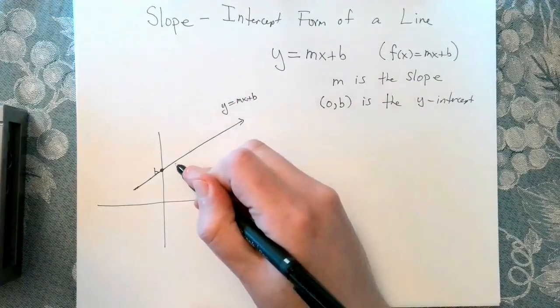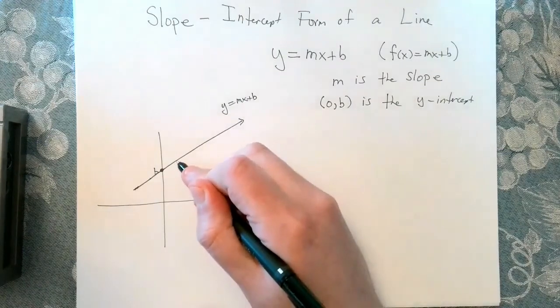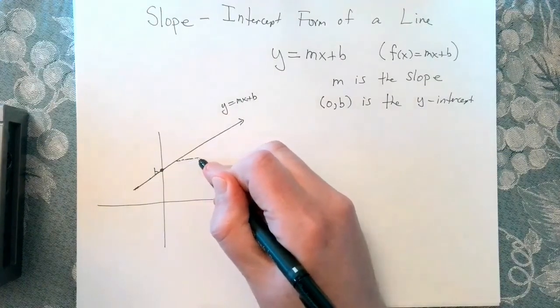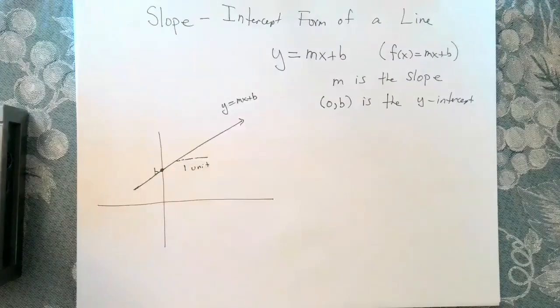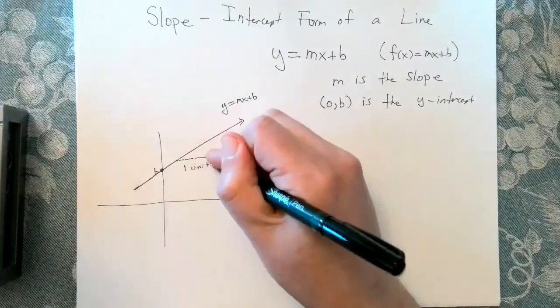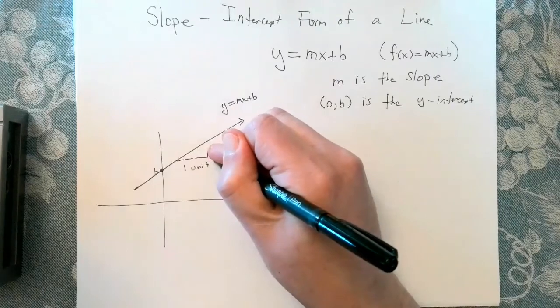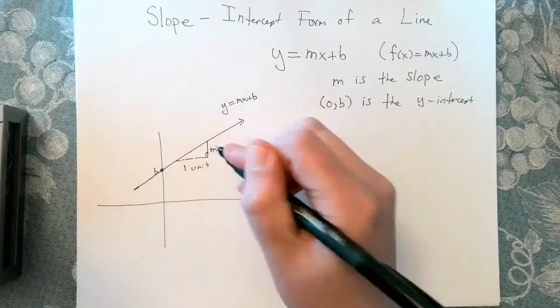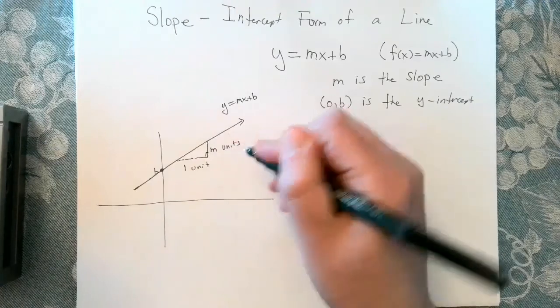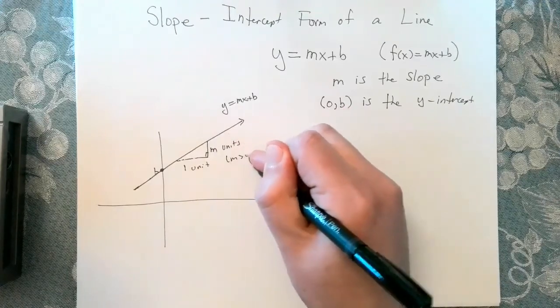And then let's assume we go out 1 unit. Okay, so let's just say that's 1 unit. Just going to make a little triangle here. And if that's 1 unit, then this must be m units corresponding to the slope. And m is positive.